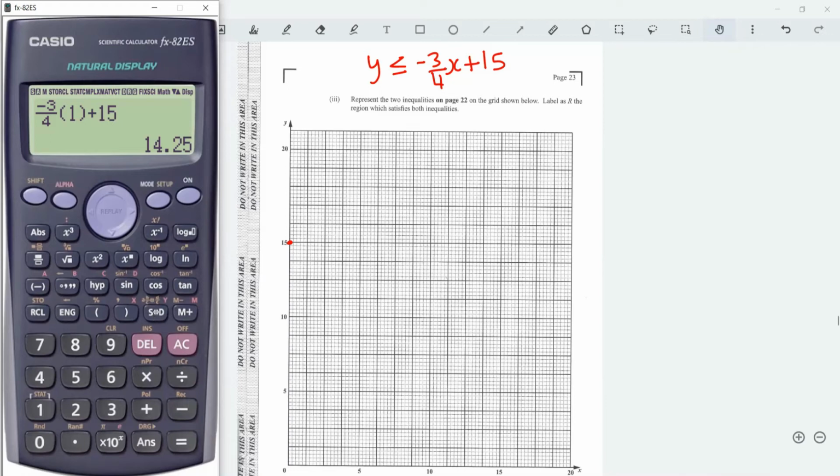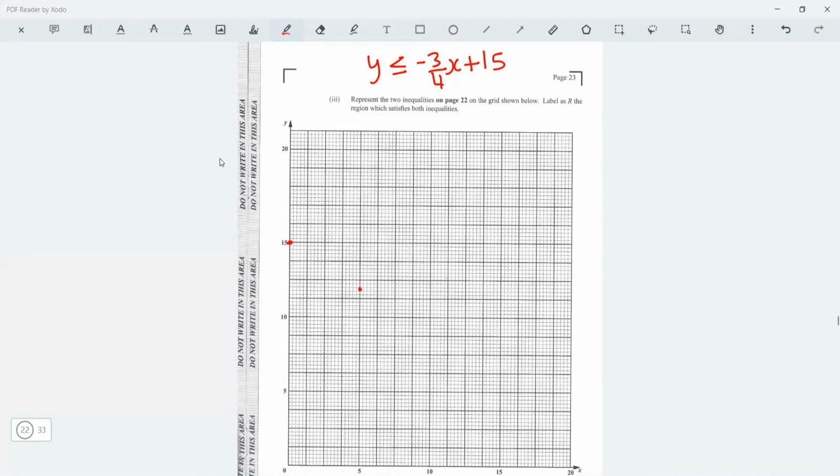So only use those values. Let's plug in when X is 5 then. When X is 5, that gives us Y is 11.25. So when X is 5, Y is 11.25. This is 10. This is 12.5. 11.25 is in the middle. So somewhere right here.